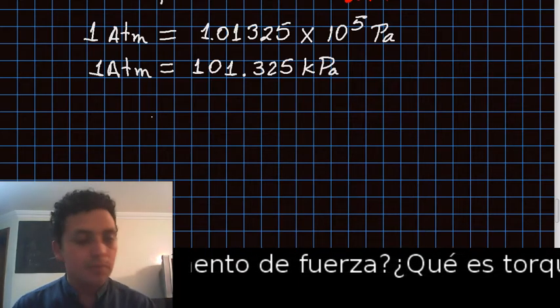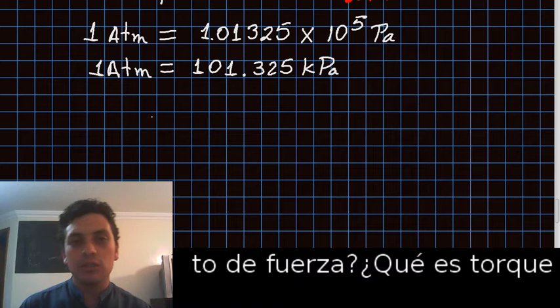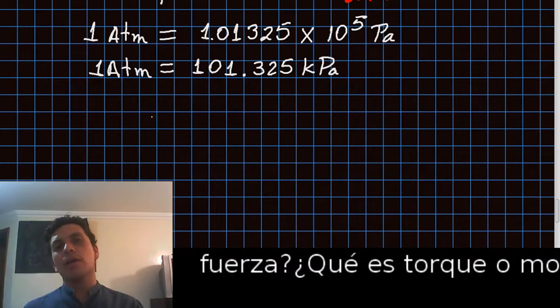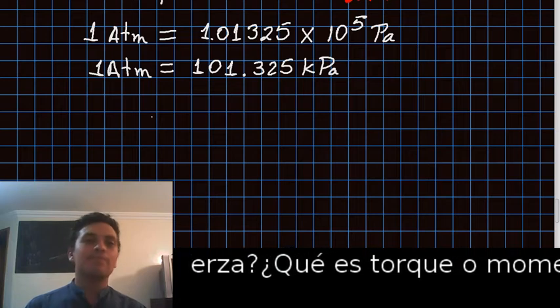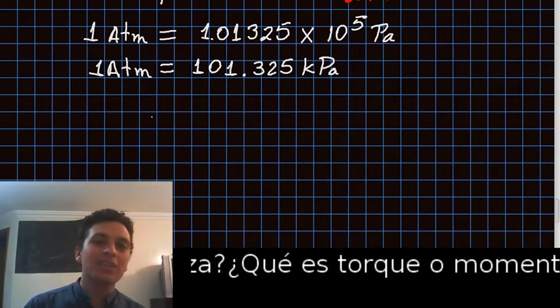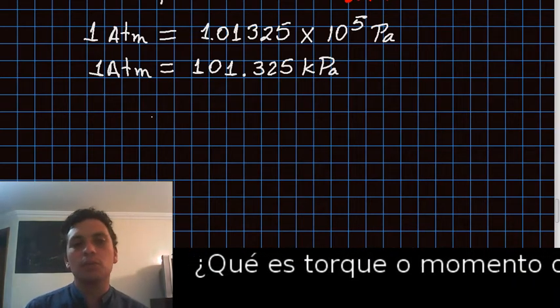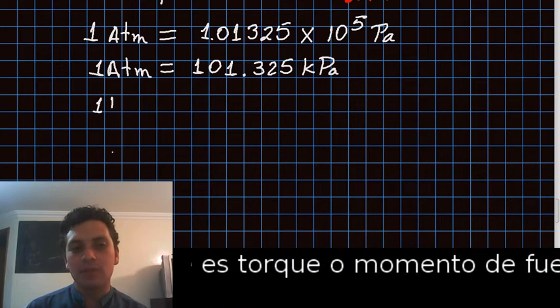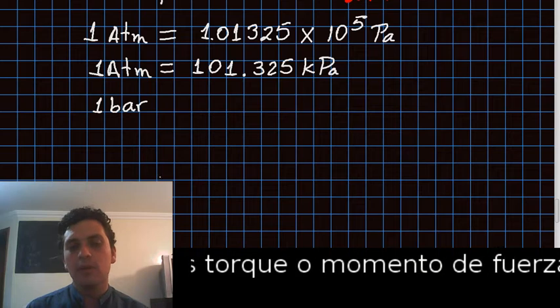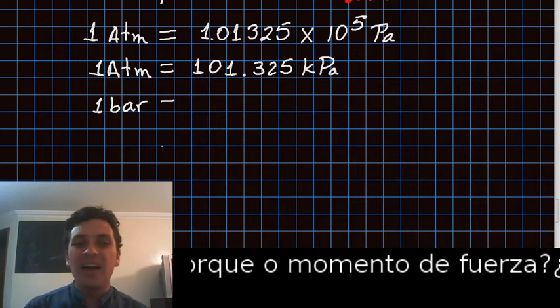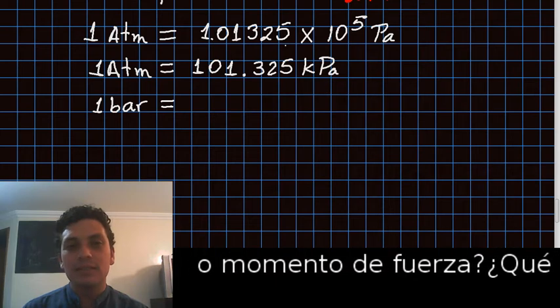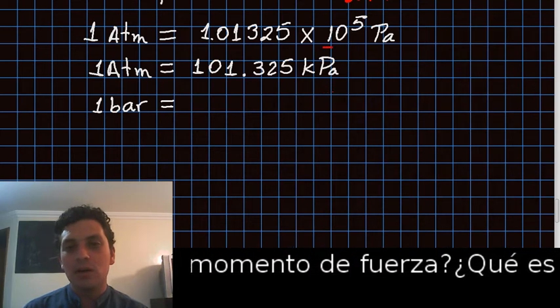But now, there is another unit that is commonly used in weather conditions. People are trying to get off of this unit, but we're still talking about it. That is called the bar. The bar is around this order of magnitude of pascals.